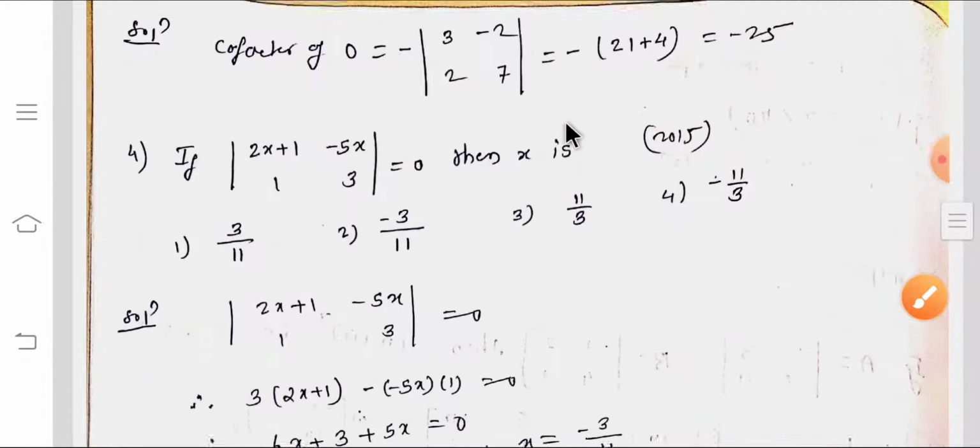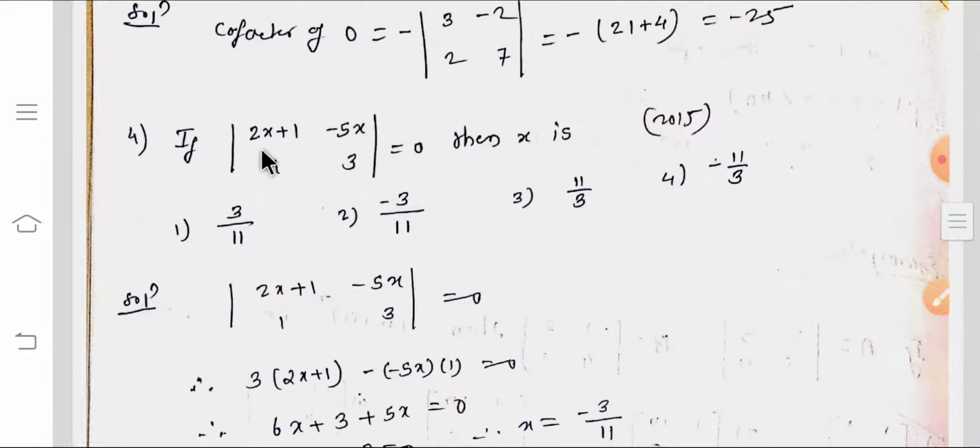Next example: if the determinant of [2x+1, -5x; 1, 3] equals 0, then we have to find the value of x. We expand this determinant: 3 into (2x plus 1) minus (minus 5x into 1) equals 0.